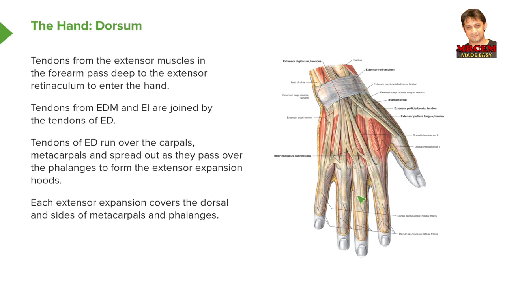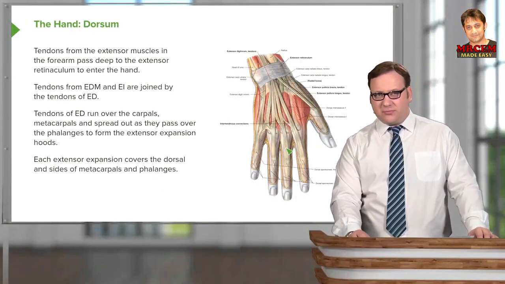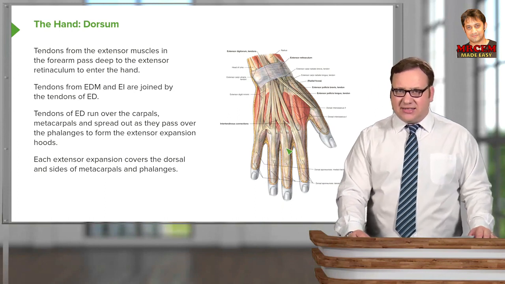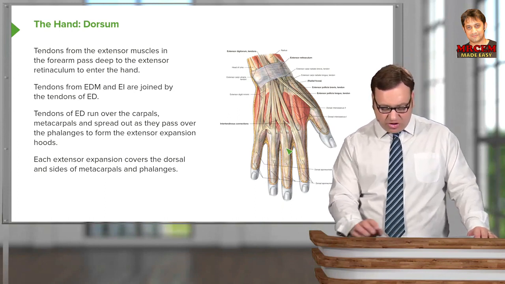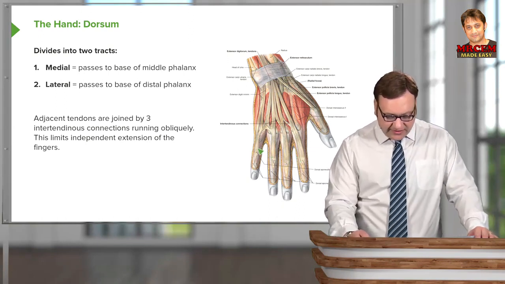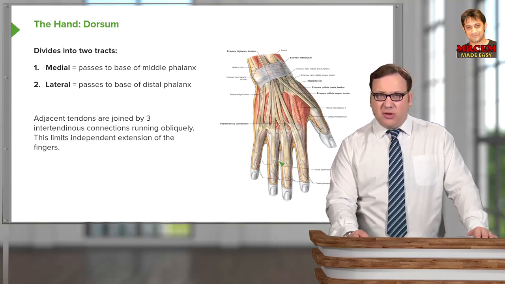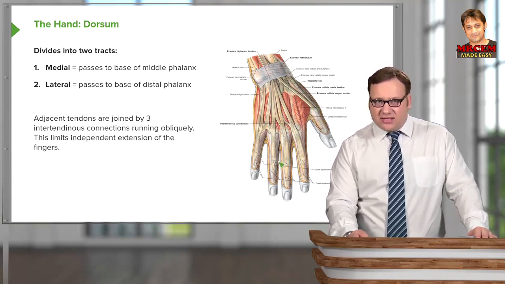And these extensor expansions are triangular shaped aponeurotic hoods that lie over the dorsal and sides of the metacarpals and phalanges. And it is these that the tendons of extensor digitorum, extensor digiti minimi, and extensor indicis pass to. We can see, if we look at the tendon sheaths, that they actually divide into two tracts, and they pass to both the middle phalanx and the distal phalanx.